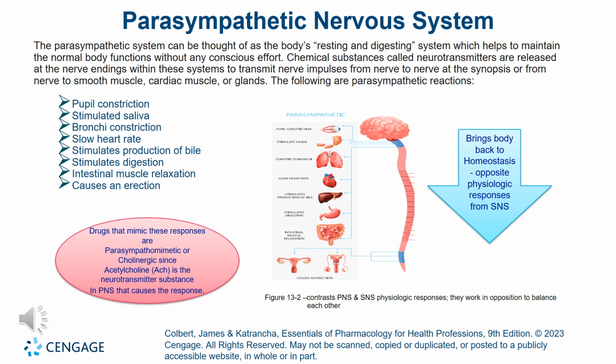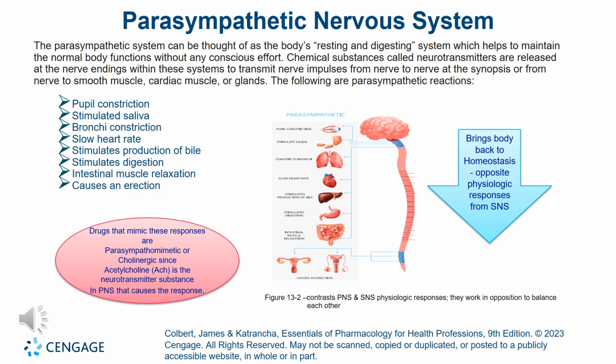As you can see in the image, figure 13.2, this contrasts the parasympathetic nervous system and sympathetic nervous system physiologic responses. They work in opposition to balance each other. This image is showing the parasympathetic and what happens in the body to these responses.